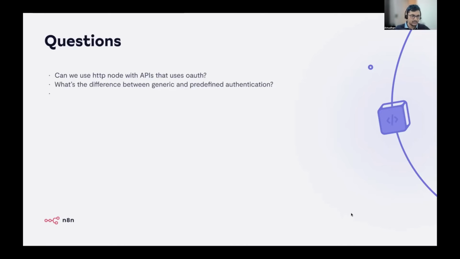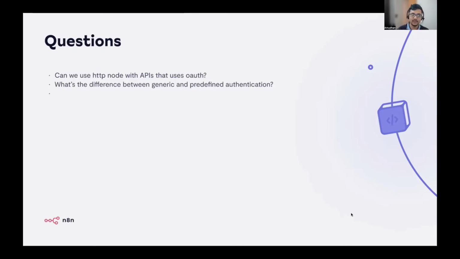The next question I'm seeing is, what is the difference between generic and predefined authentication? Predefined authentication is a way for you to reuse saved credentials from existing nodes. In my example, I had a Mattermost node, but I also used the HTTP request node to make a request to the Mattermost API.